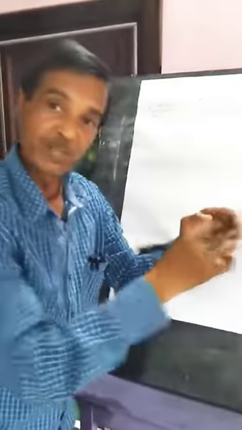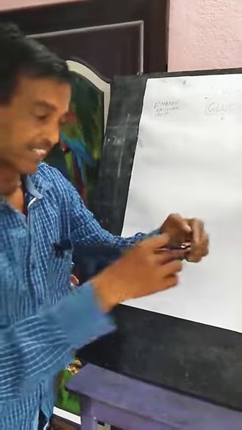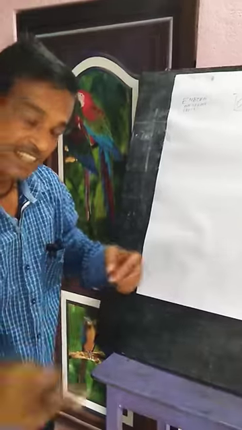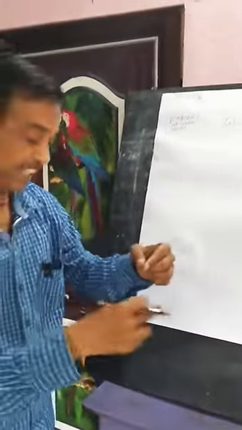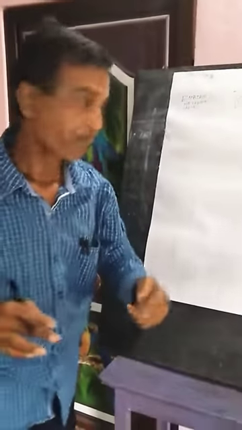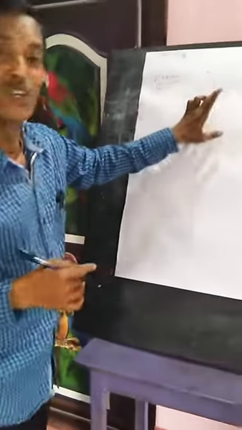Then 3 phosphoglyceraldehyde to 1,3 diphosphoglyceric acid, then 3 phosphoglyceric acid, then 2 phosphoglyceric acid, then 2 phosphoenol pyruvate, then pyruvic acid. These are the 10 step reactions. We will discuss one by one. First, glucose to glucose 6 phosphate.